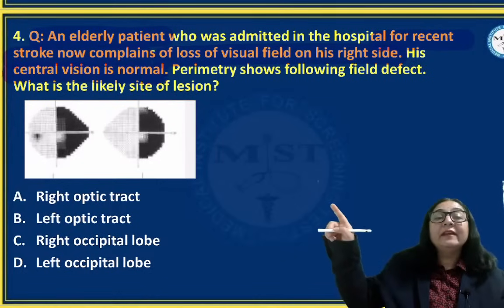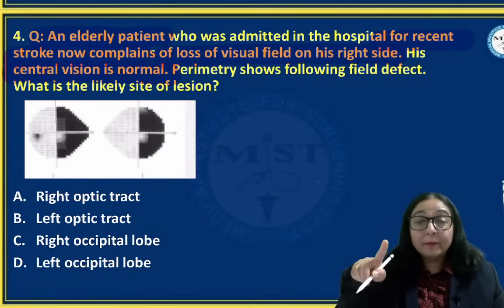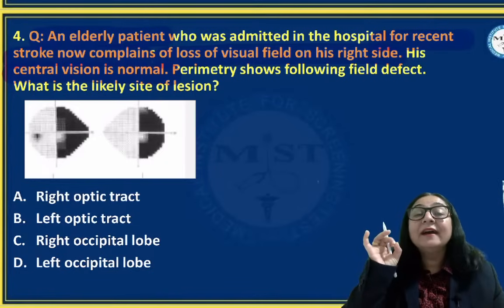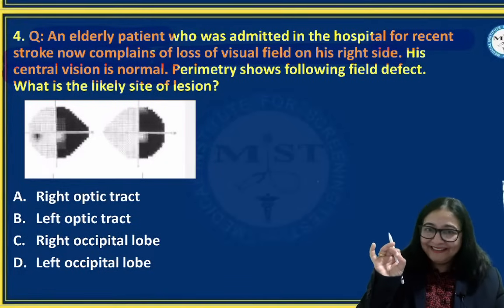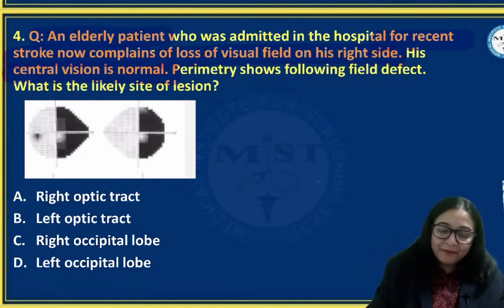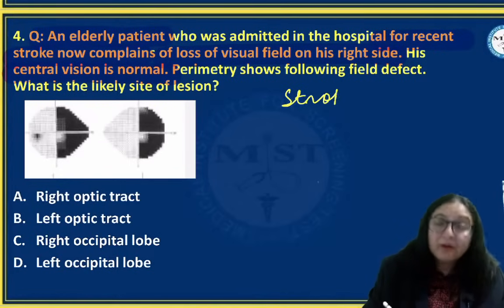Now this is very, very important. The central area of the visual field is normal, which means there is macula sparing. So this is what you need to pick up from here. Okay? This is what you need to pick up from this question. The patient had a stroke.